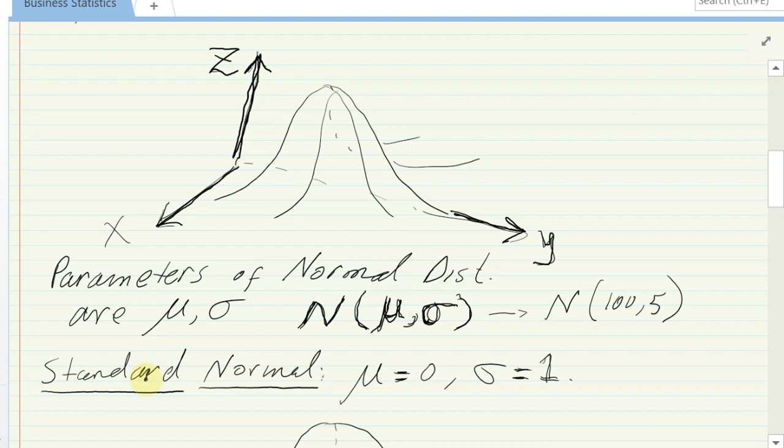But if we were to do things by hand, the values under these normal distributions have to be determined either by software, integral calculus, or in a lot of cases by tables provided by the authors in the book. Well, we cannot have a table for every different normal distribution out there. It's impossible. So there is a table of only one normal distribution, the standard normal distribution, that every statistics textbook has.